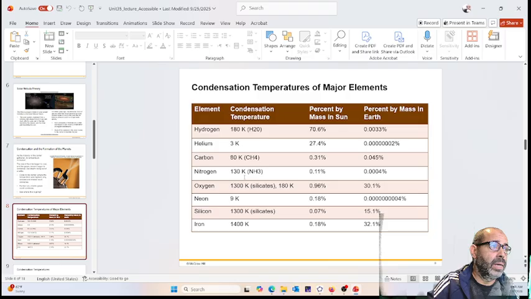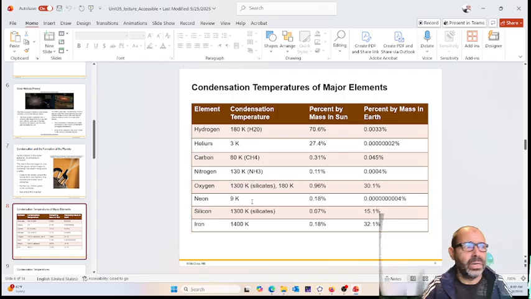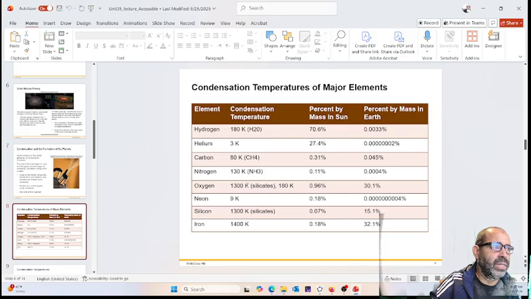Nitrogen gas is used for fast freezing of food, basically. And then you have oxygen in the silicate form, when it's combined with silicon, which is rock, okay? The everyday rock. It's 1,300 Kelvin, but pure oxygen is around 180 Kelvin, okay?